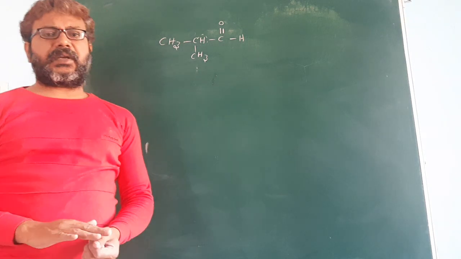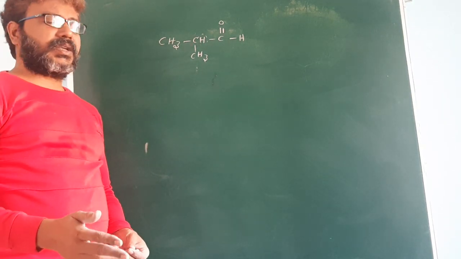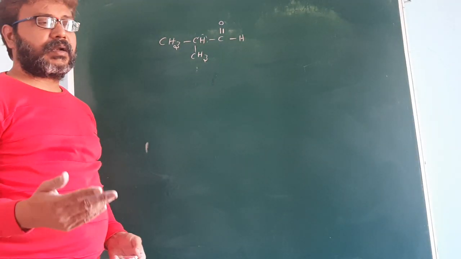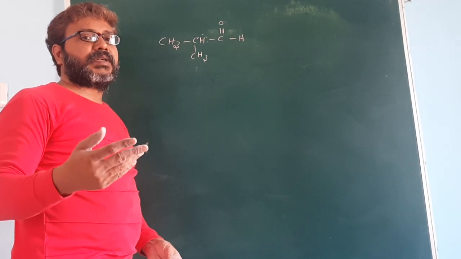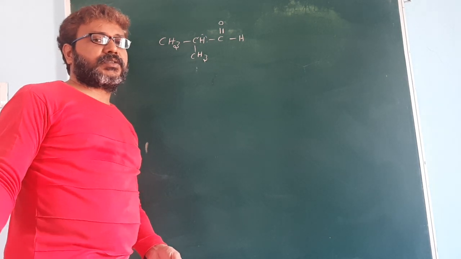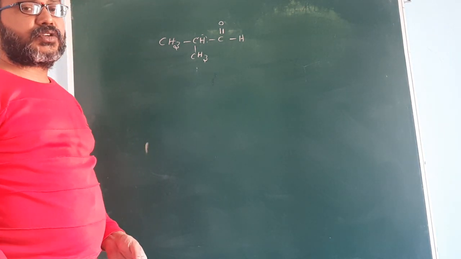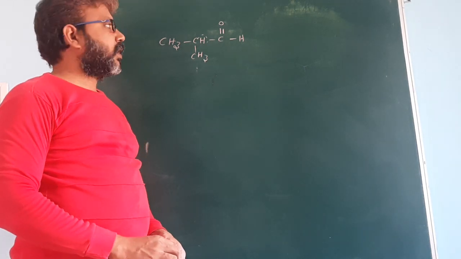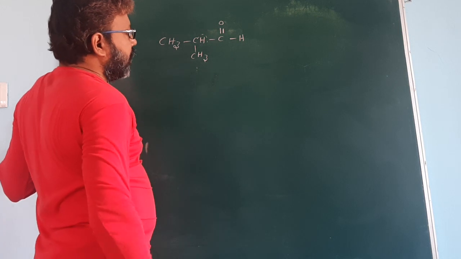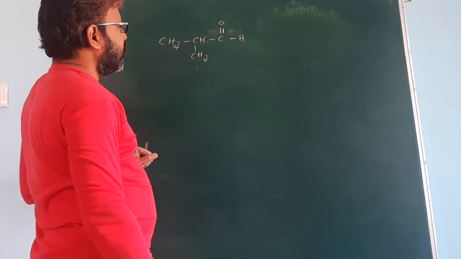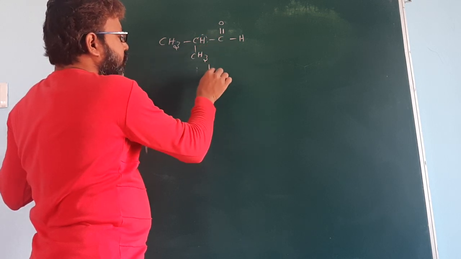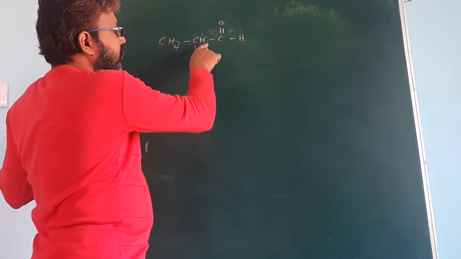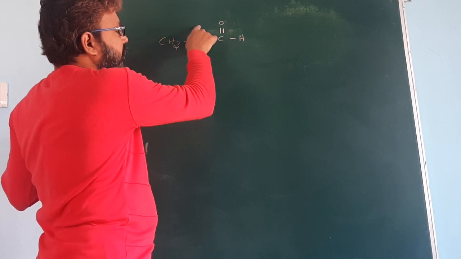So what is the difference between the aldol reaction and the aldol condensation reaction? Condensation reaction means the monomeric units undergo addition reaction and lose a small molecular weight substance like H2O or NH3. In the aldol reaction, it loses an H plus ion and is converted to a carbanion.